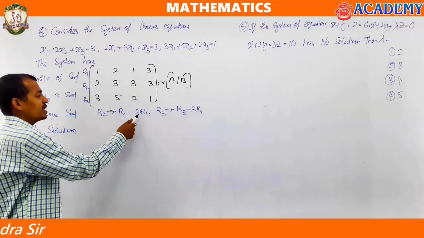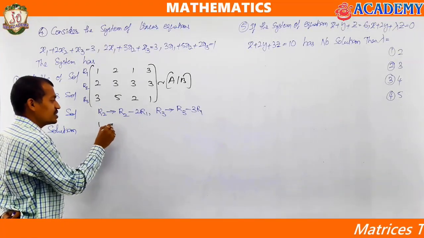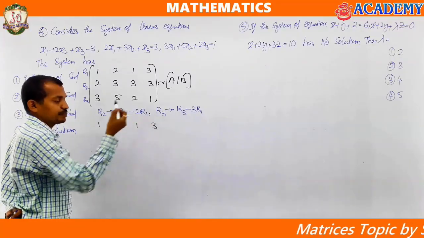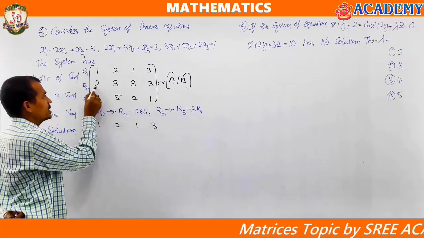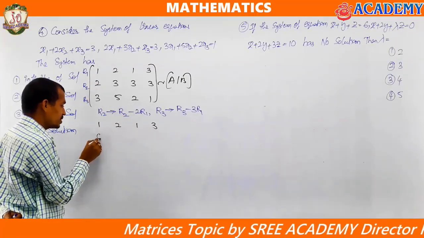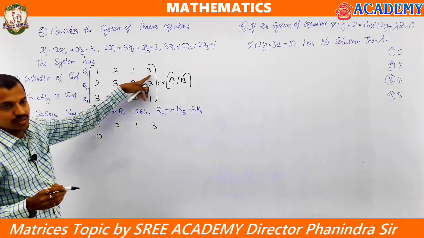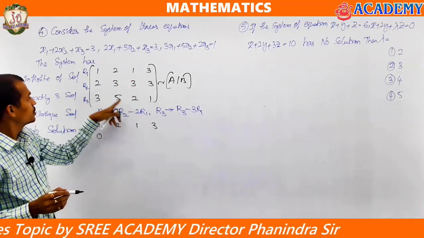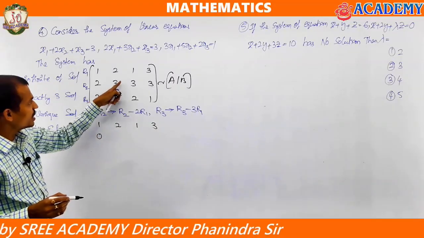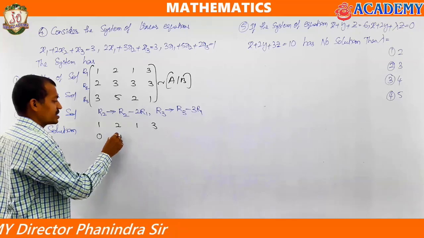Now R2 minus 2R1. The first row is not going to be changed, row number 2 is changing. 2 minus 2 is nothing but 0. Next 3 minus 4, why? Because 2 into 2 is 4. 3 minus 4 is minus 1.